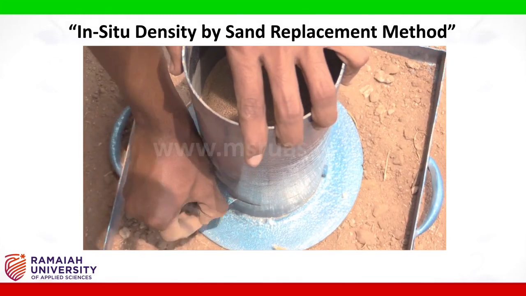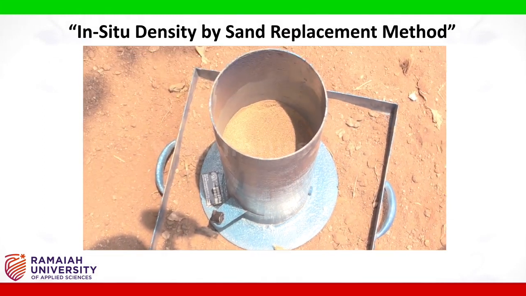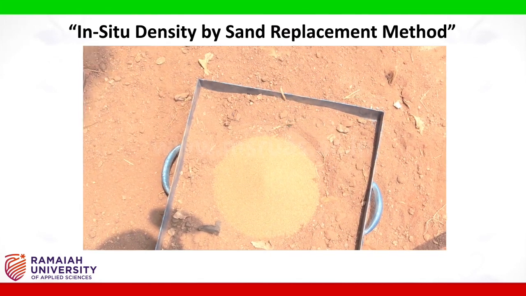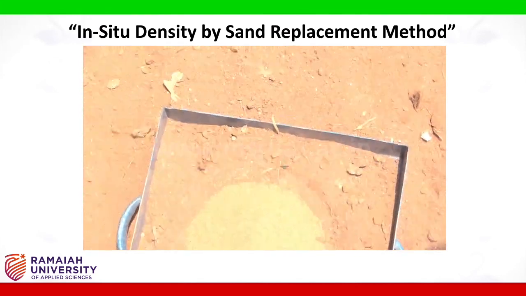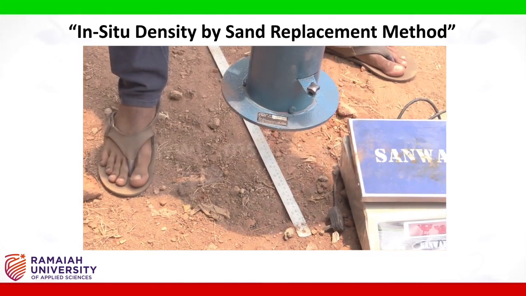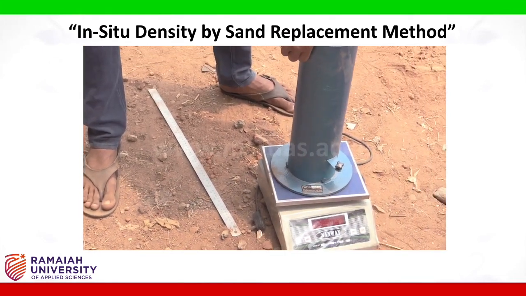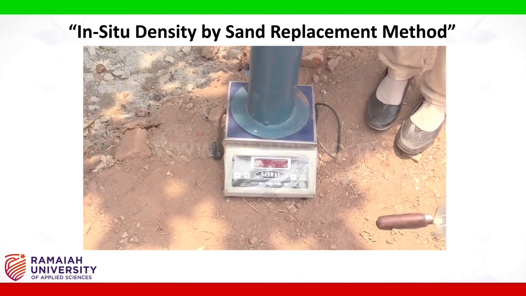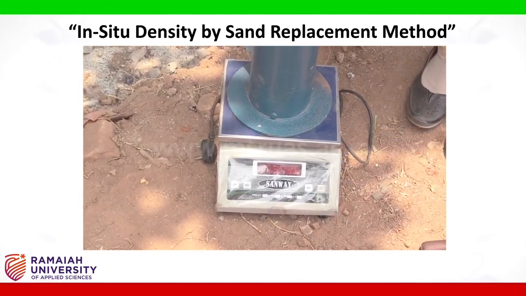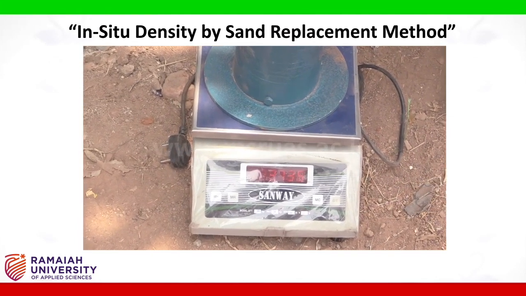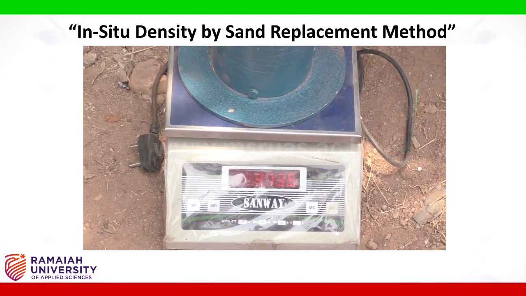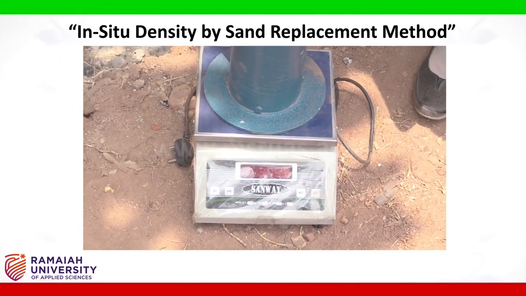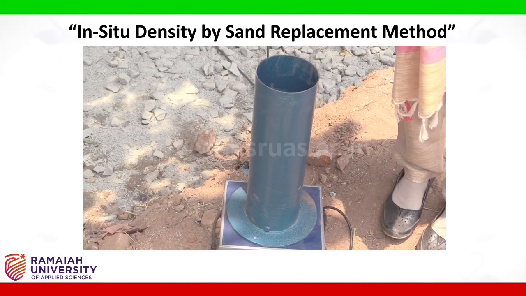Once the movement stops, you can close the valve and weigh the sand pouring cylinder. Now the weight of the sand pouring cylinder after filling the hole and the conical portion is 3.735 kg. From this we can calculate the amount of sand which is required to fill that hole.